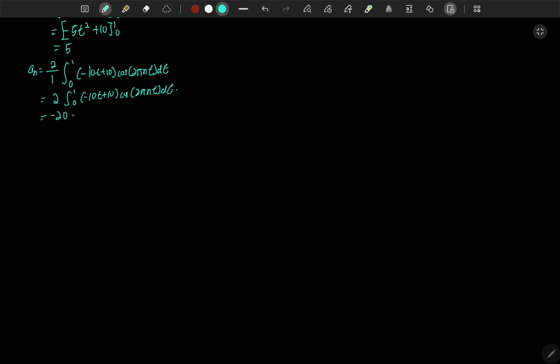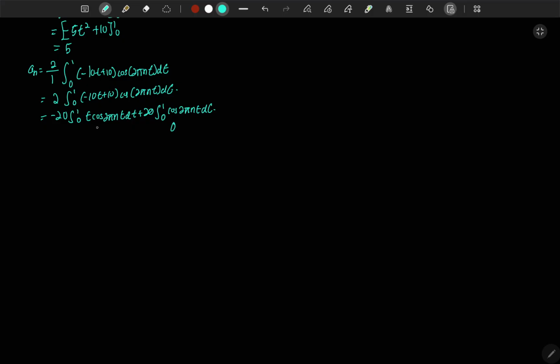If we write it, we will get it as such. Now sine 2 pi is equivalent to 0, so automatically we will get 0 here.